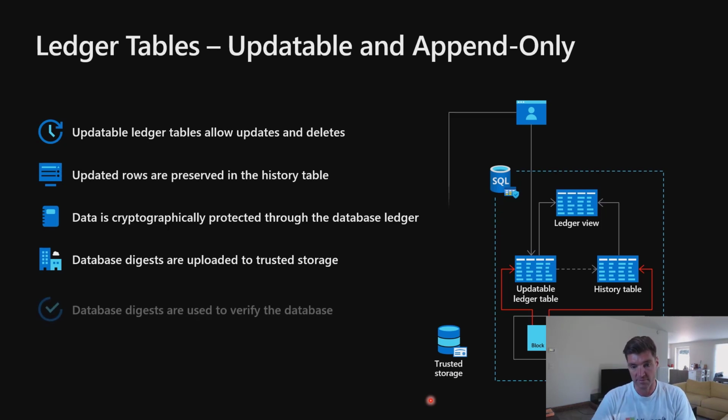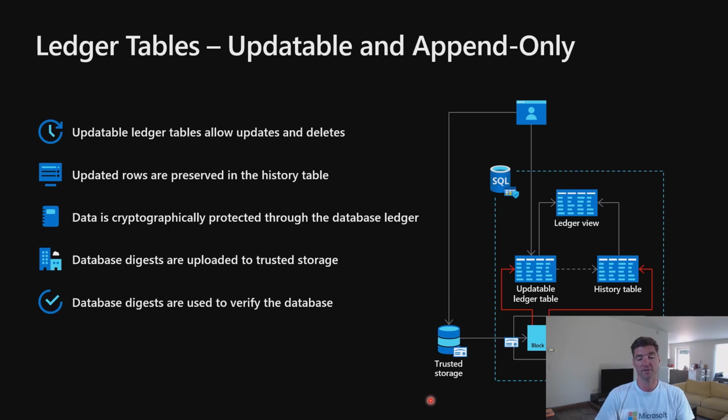Now, this is where it gets interesting, of course, because if you have an external auditor, or a scenario with multi-party business processes, an external user can then run a stored procedure which allows you to verify whether the data can be trusted.